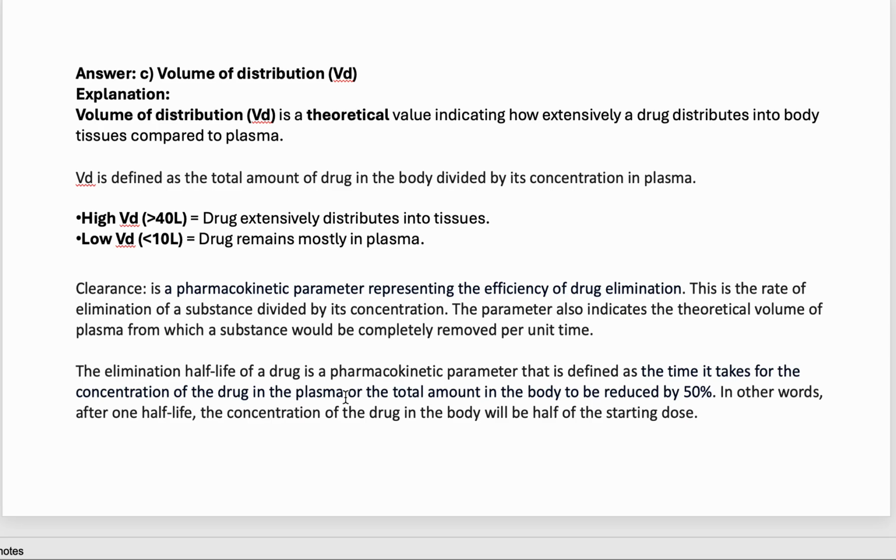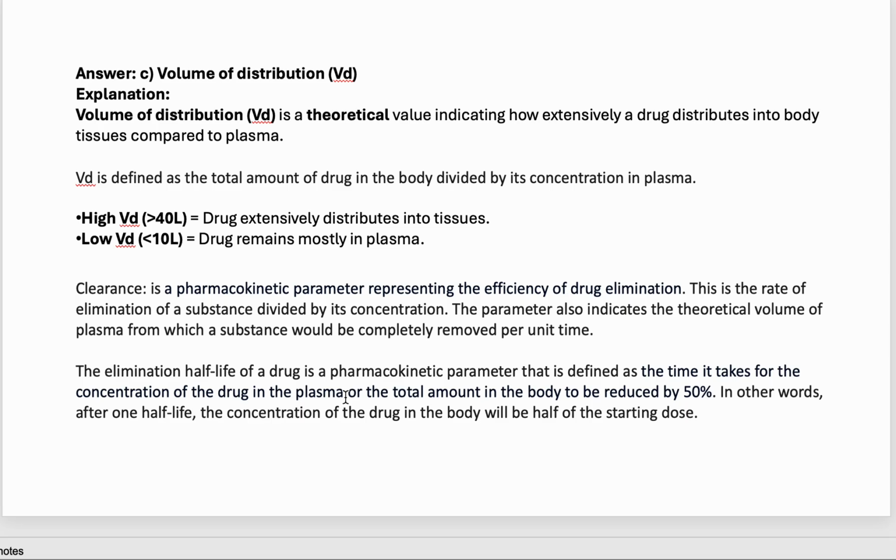This is the rate of elimination of a substance divided by its concentration. The parameter indicates the theoretical volume of plasma from which a substance would be completely removed per unit time. It is the sum of the clearance from the liver, kidney, and other parts all together. So we'll talk about it more once we discuss elimination.